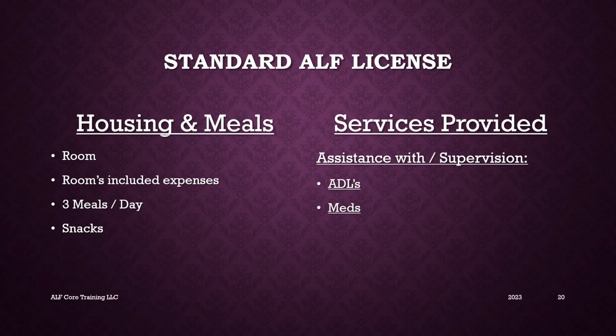This consists of housing and meals and services provided. Housing and meals consist of the room, included expenses, 3 meals a day minimum, and snacks in between meals. Services provided could be assistance with or supervision of ADLs, activities of daily living, or your meds, which is medication management.